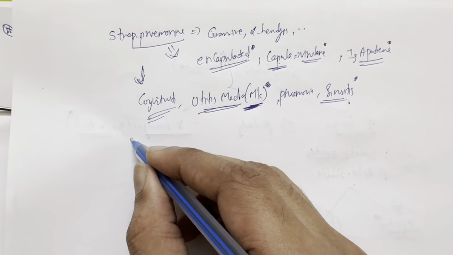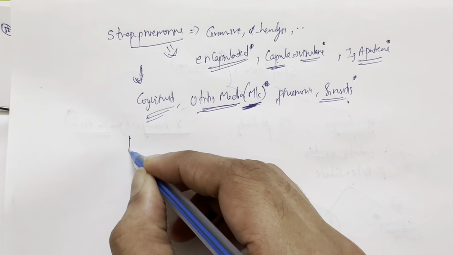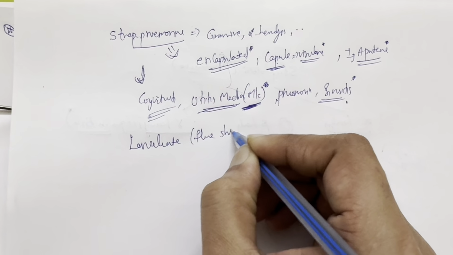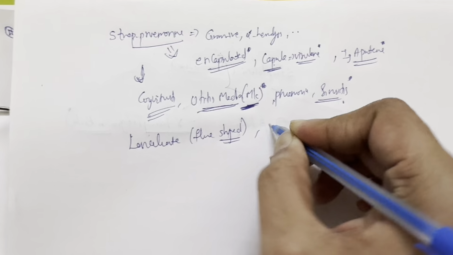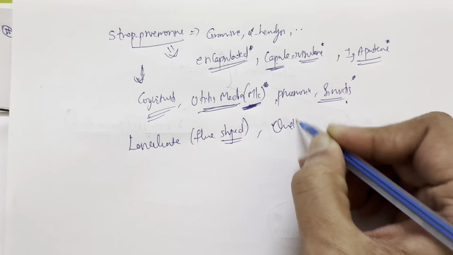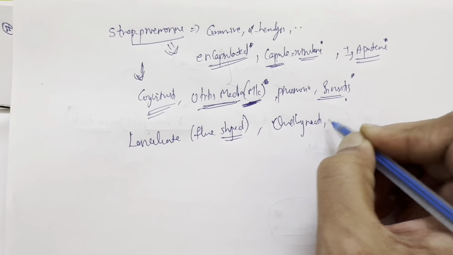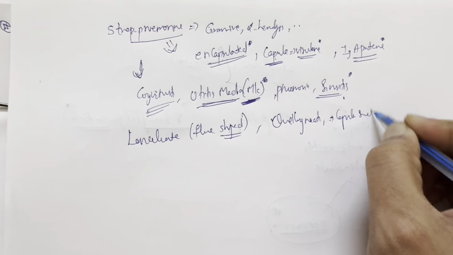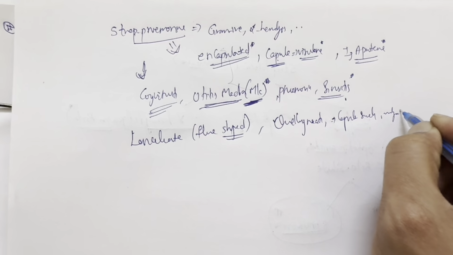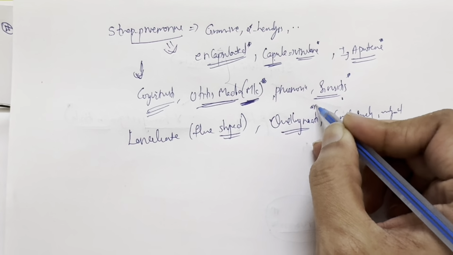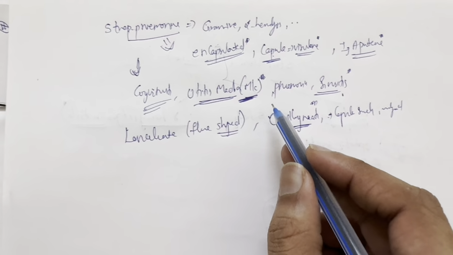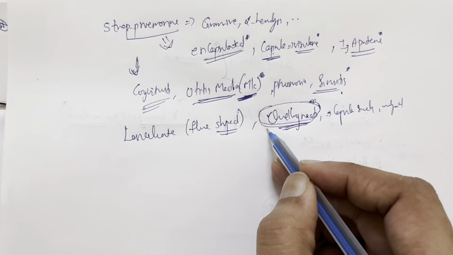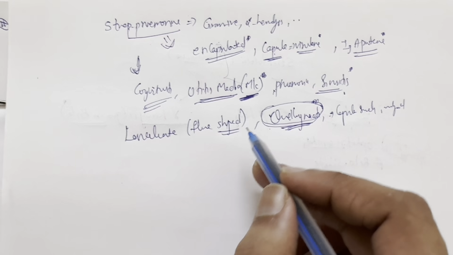Another thing you need to remember for Streptococcus pneumonia is that it is a lanceolate shaped or flame shaped organism, and it shows the quellung reaction, which is nothing but capsular swelling on serological reaction. So if in the question stem there is a quellung reaction positive organism and pneumonia type symptoms are given, then you can straight away answer Strep pneumonia.